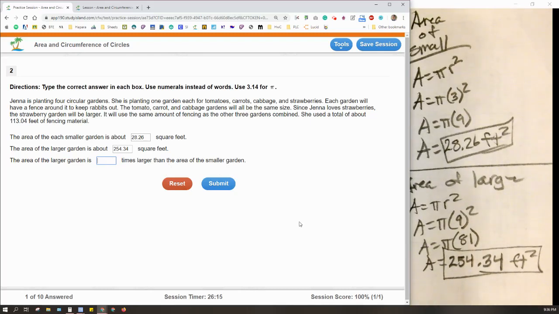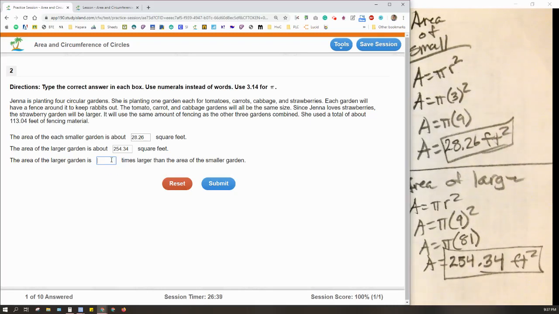And the area of the large garden is how many times larger than the area of the smaller garden? That's a division problem. Now we can punch in 254.34 divided by 28.26, but take a look at something. Before we got to these numbers, the area of the small garden was pi times 9. The area of the large garden was pi times 81. How many times 9 is 81? 9 times 9 is 81.